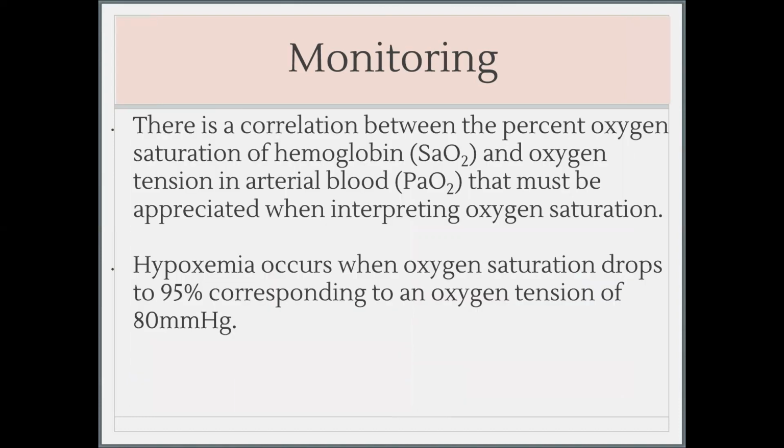There is a correlation between the percent oxygen saturation of hemoglobin and the oxygen tension in arterial blood. Hypoxemia occurs when oxygen saturation drops to 95%, corresponding to an oxygen tension of 80 mm of mercury.